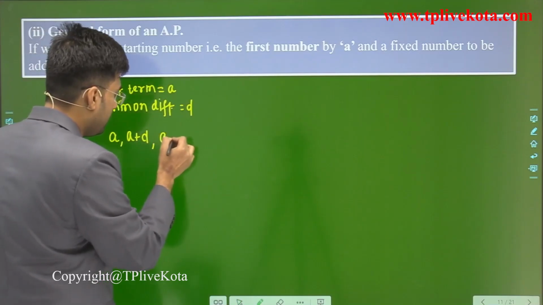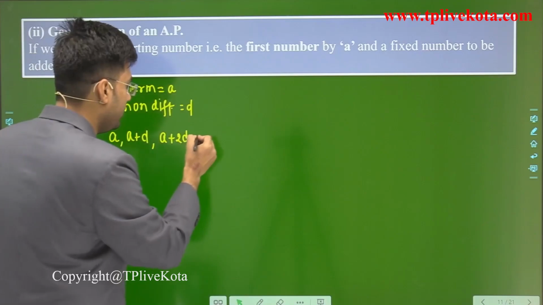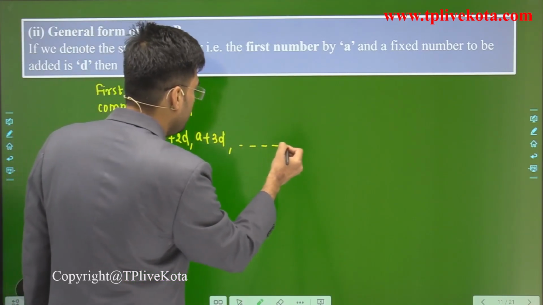Then a plus 2d, then if we add d again, then what will we get? a plus 3d, and so on.